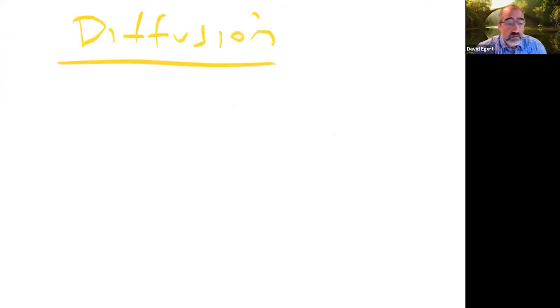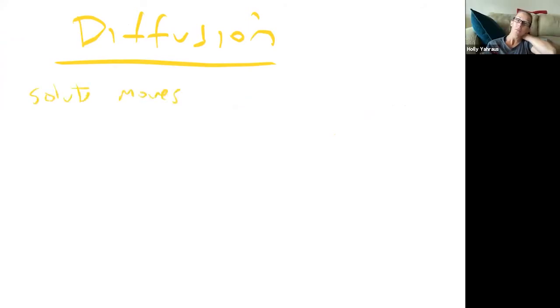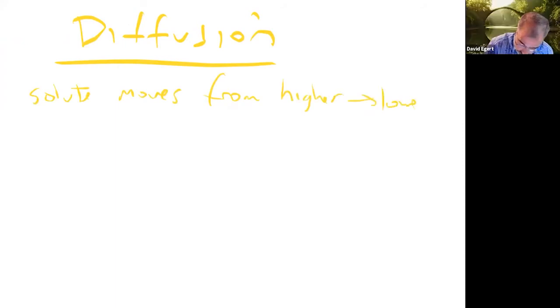Let's just review diffusion for a second. What is diffusion? Higher concentration to lower concentration. So some solute moves from higher to lower concentration.